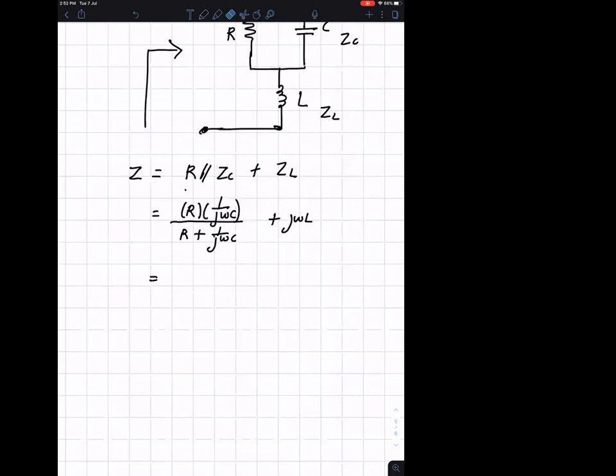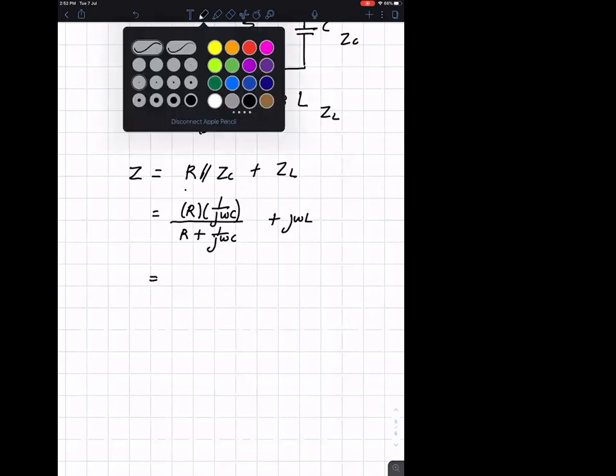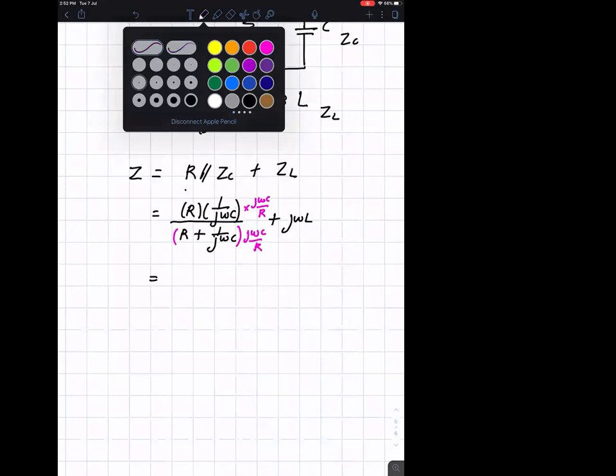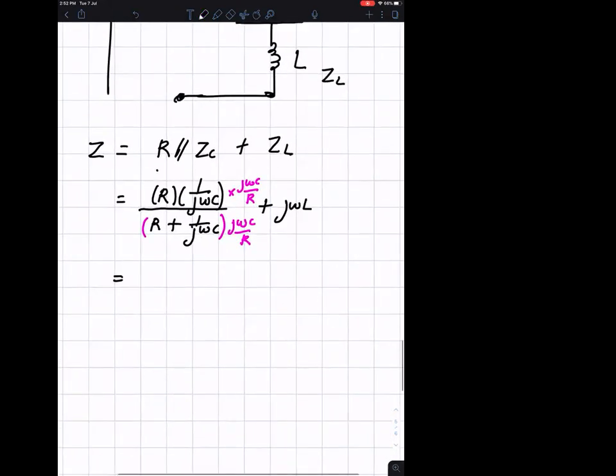So I'm going to multiply top and bottom by j omega C over R. Then you're going to get, on the numerator, 1.